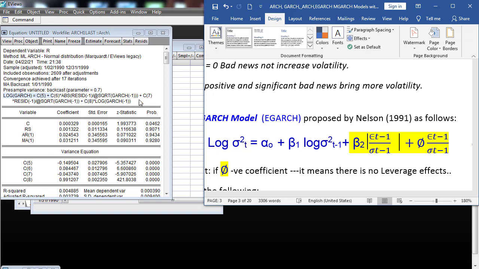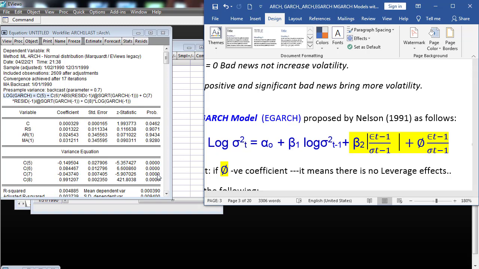C7 here, this part theta, negative and statistically significant. C6, the absolute, beta 2, positive and statistically significant, and the other one, the constant here.